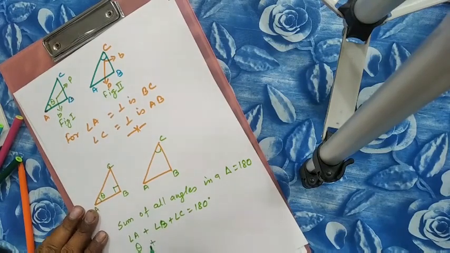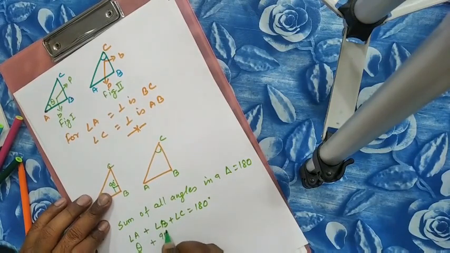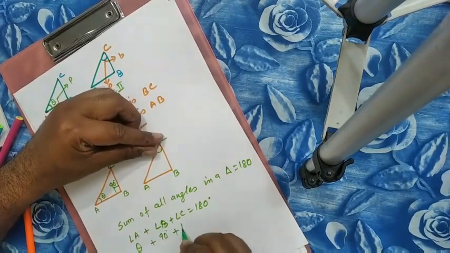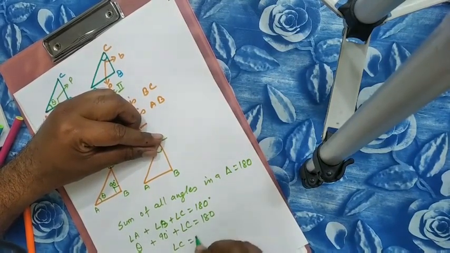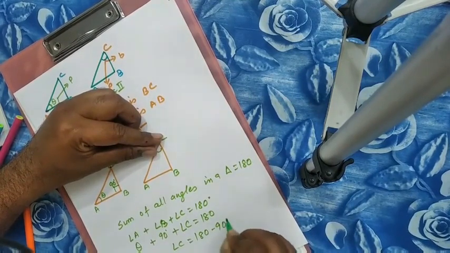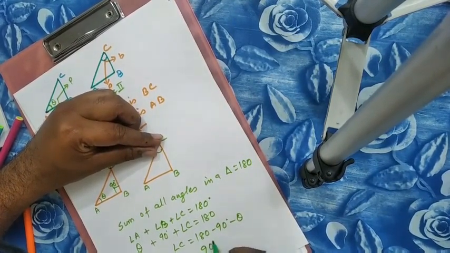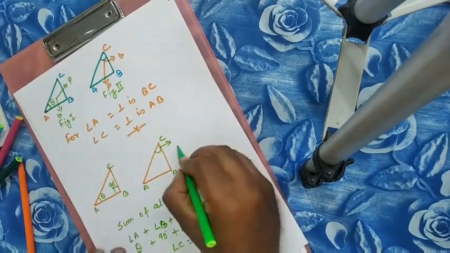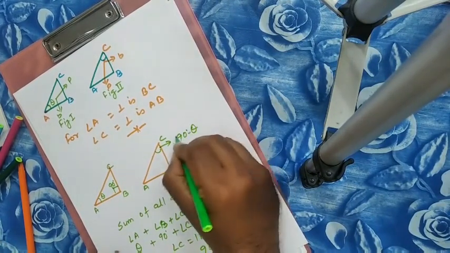Angle A is theta, angle B is a right angle, so it is 90 degrees. Then we can calculate angle C: angle C will be 180 degrees minus 90 degrees minus theta, or angle C will be 90 degrees minus theta. So we can write the value of angle C as 90 degrees minus theta.